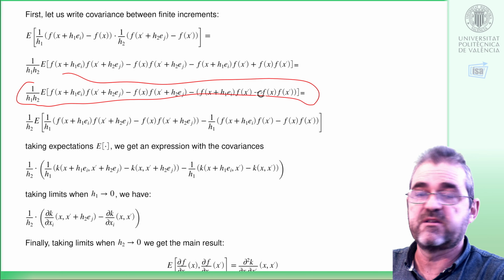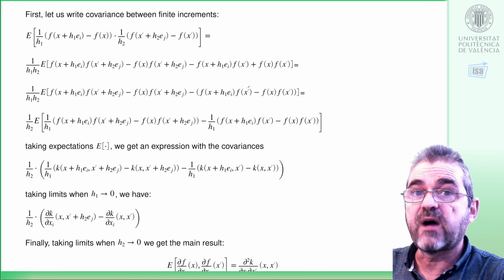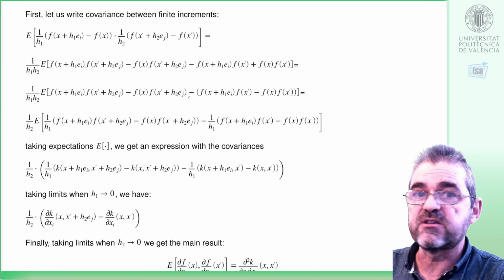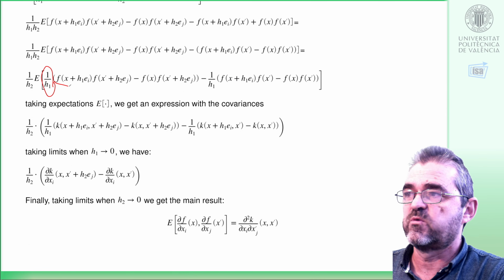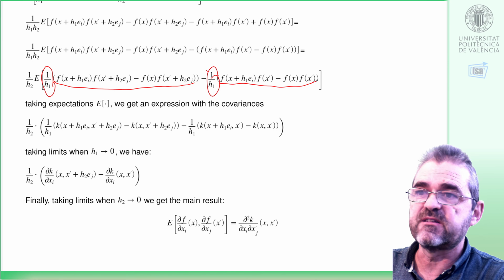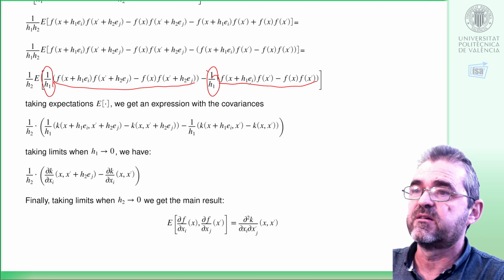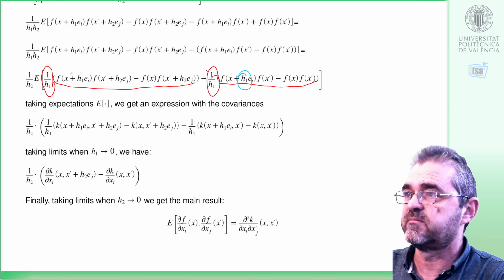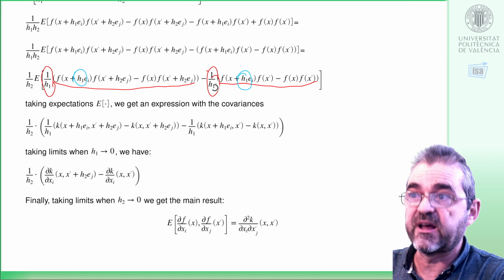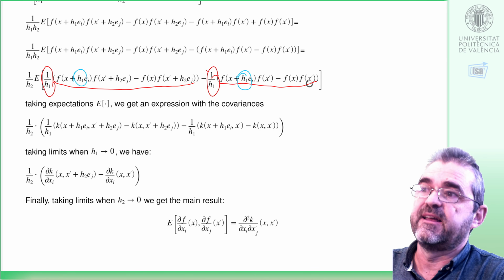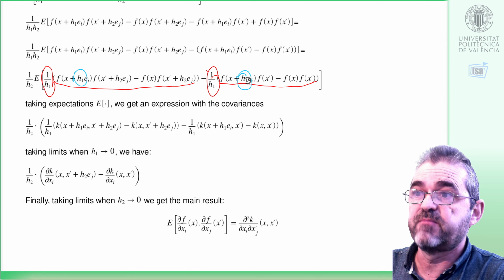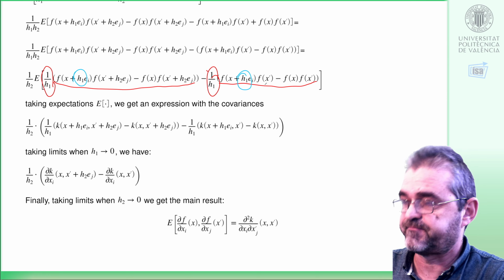So we have this expression, and now I will insert h1 again inside the expectation. So h1 will divide this difference, and also h1 will divide this difference. Why? Because I'm incrementing things by h1, so when I divide by h1, I'll get something which will hint me that there is a partial derivative over there.